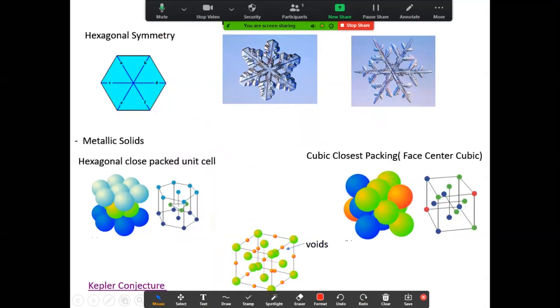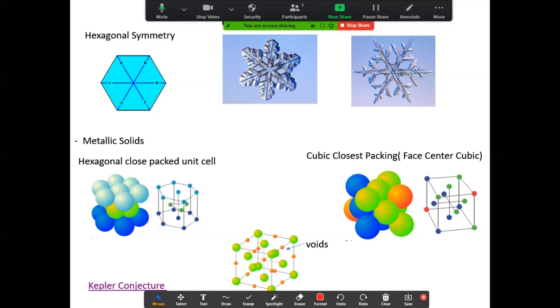Snowflakes actually have hexagonal symmetry, meaning they have symmetry that looks similar to a hexagon, and many metallic solids have hexagonal symmetry, and usually they pack as hexagonal close-packed unit cells. So they pack in a hexagonal shape.